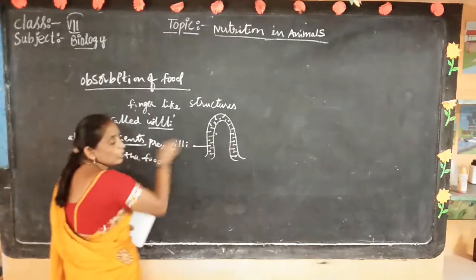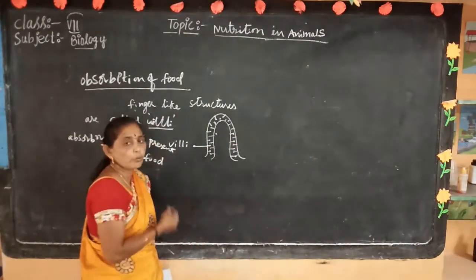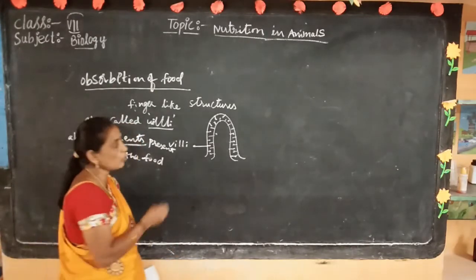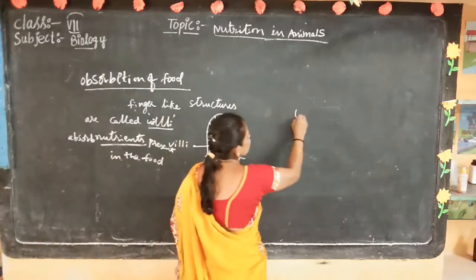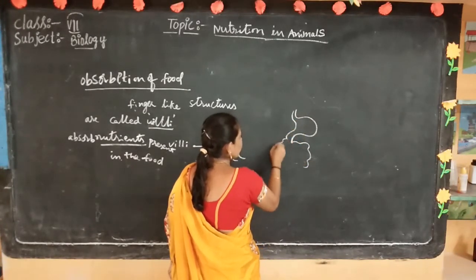The villi increase the surface of the small intestine, which has many folds.